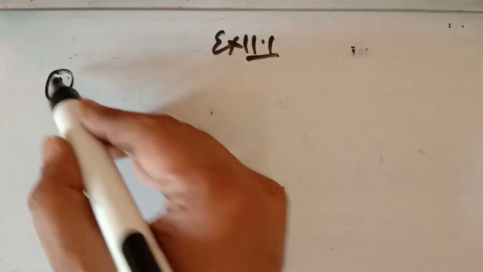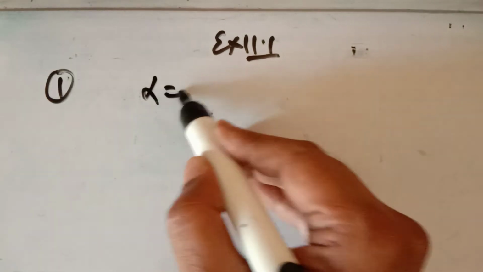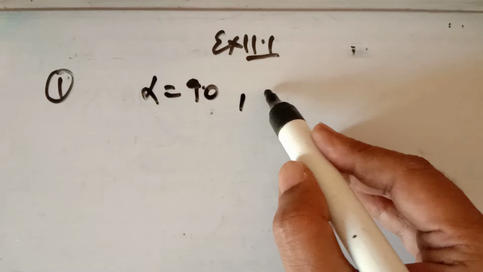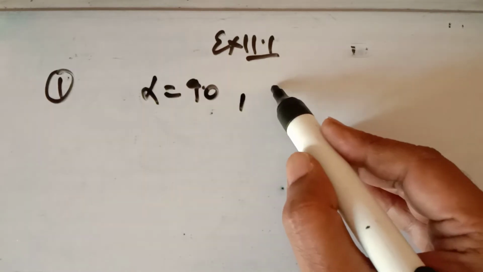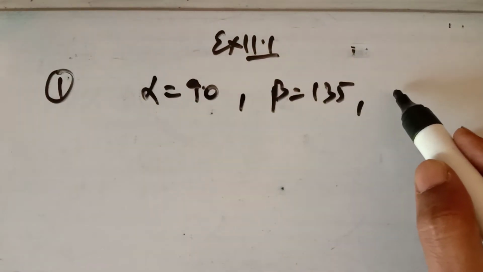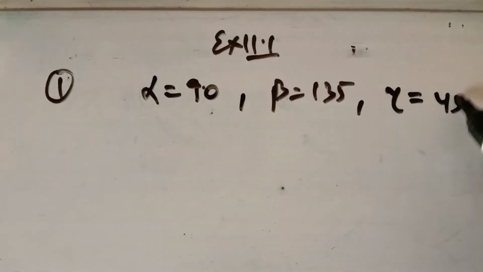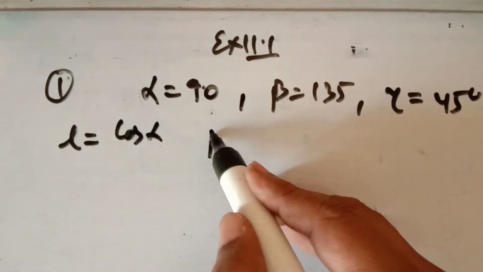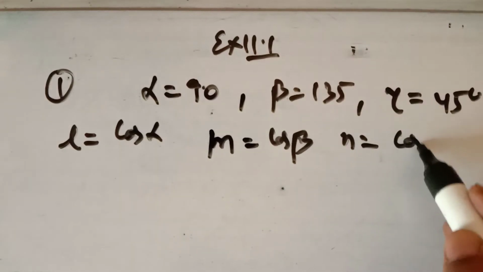So first: a line makes an angle of 90 degrees with the x-axis, so we call it alpha. The angle made by the line with the y-axis is 135 degrees, so beta is equal to 135, and the angle made with the z-axis we call gamma, which is given as 45. You have to find the direction cosines. So the direction cosines are l equal to cos alpha, m equal to cos beta, n equal to cos gamma.